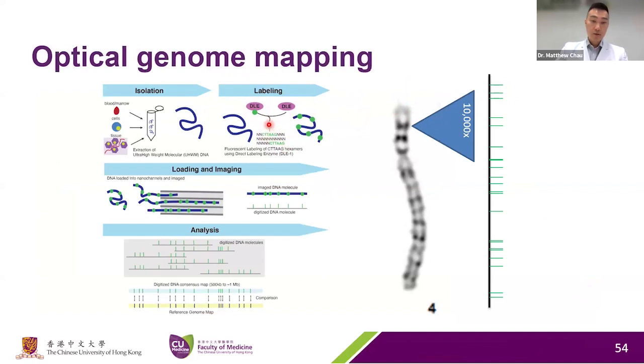And this CTT-AGG hexamer occurs at about 14 to 17 times every 100 kilobases. So you would get hundreds and thousands of these marks across your chromosome. And by linearizing these very long DNA that are barcoded and imaging them, you can then digitalize these molecules, align it to a reference genome, and you can compare the patient sample with a normal reference sample to detect structural rearrangements.